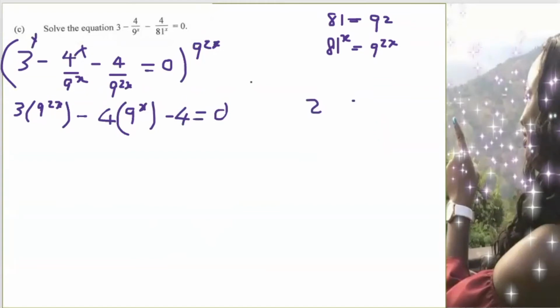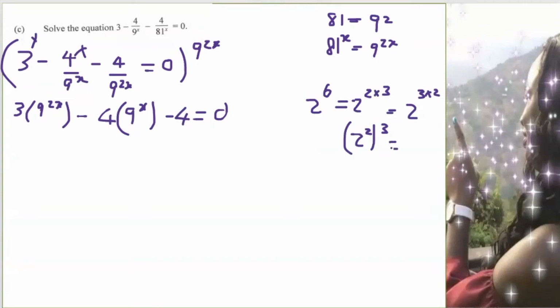Now, where I have 9 to the 2x, I am going to manipulate this. If I have 2 to the 6, 2 to the 6 is the same thing as 2 times 3 in the power section. So 6 is the same thing as 2 times 3, and I can also write it as 3 times 2. They're saying 2 to the 6 still. Now I could also rewrite this in a different form where I have 2 to the 2 inside the bracket, then a 3 outside, and it is still 2 to the 6.